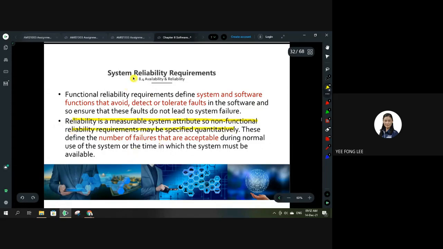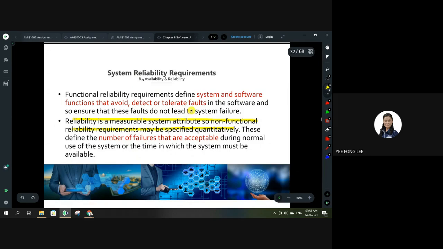So the system dependability not just depends on good engineering practice, but also requires attention to details when the system requirements are derived, and also the specifications of a software requirement, which might ensure the dependability of the system.